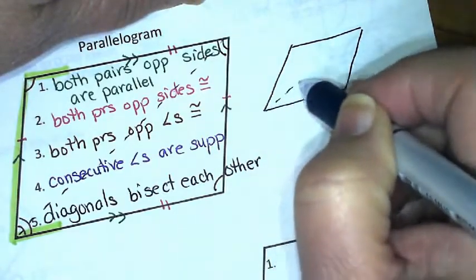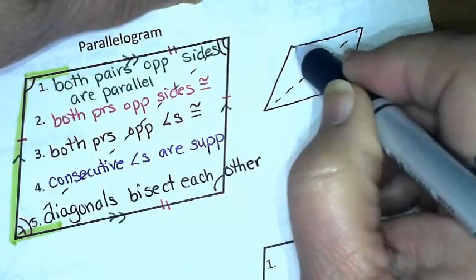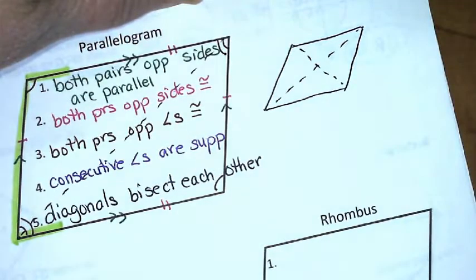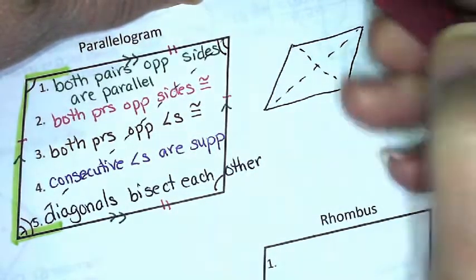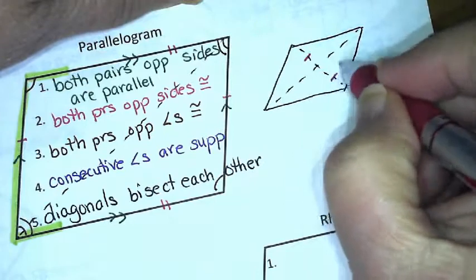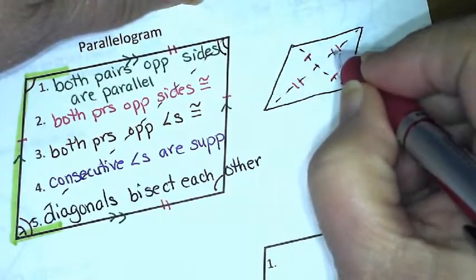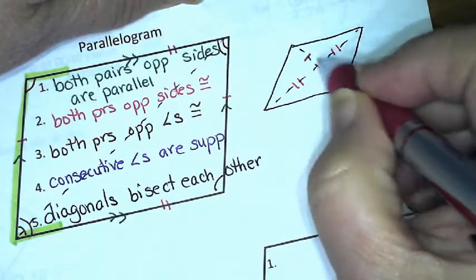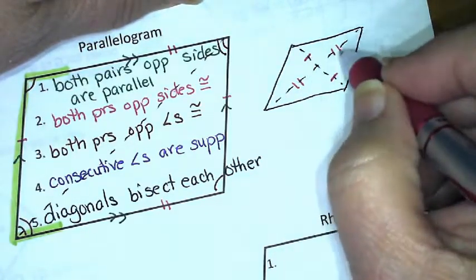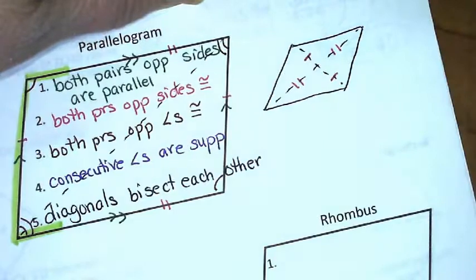If I draw this diagonal and I draw this diagonal, those two just cut each other in half. So these two pieces are the same and these two pieces are the same. They bisect each other. They don't bisect an angle, they cut each other in half.